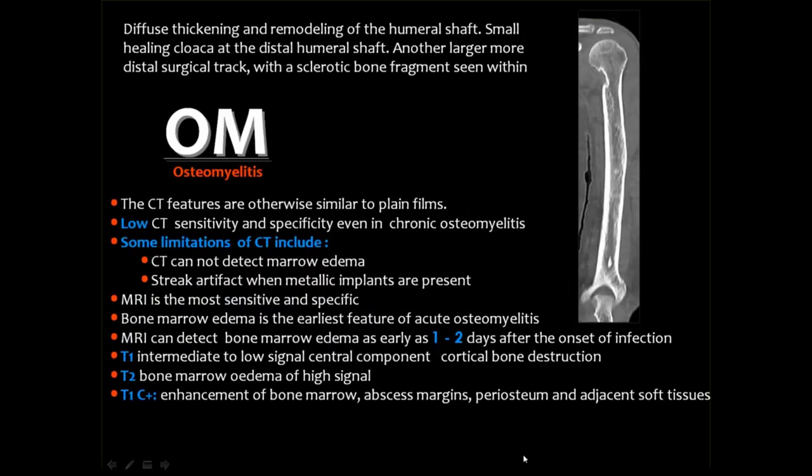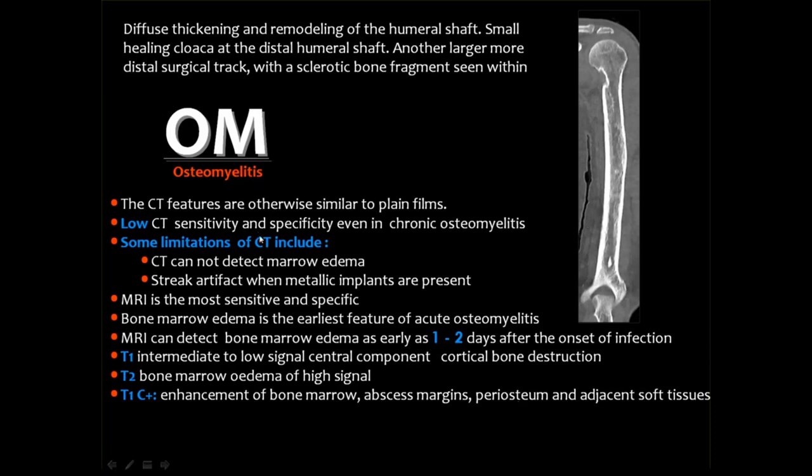Then CT is considered somewhat insensitive. It will show most of the changes that appeared in the plain X-ray. But actually, there are some changes that will not be seen in the plain X-ray nor in the CT, particularly in the very early stage of bone marrow edema, where only MRI is able to see these changes within the bone.